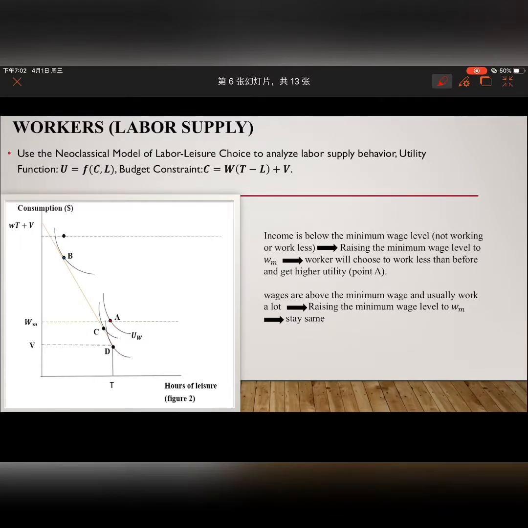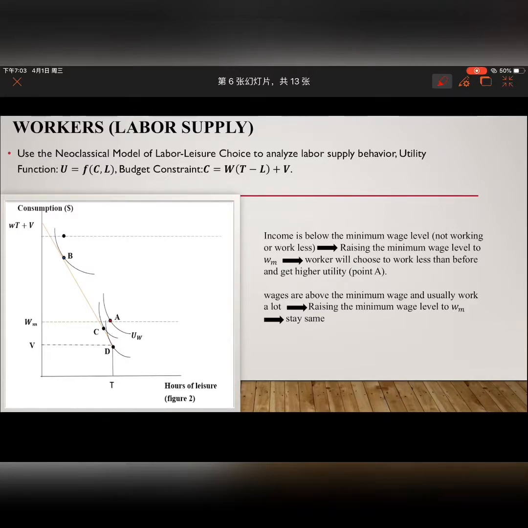For the labors whose income is below the minimum wage level, like D and C, with the rise of minimum wage level to WM, the workers will choose to work less than before, and they also can get higher utility at point A. And for the labors like B, whose wage is above the minimum wage, and usually they work a lot, the rise of minimum wage level will have less effect on them, so they will stay the same, and they won't change.